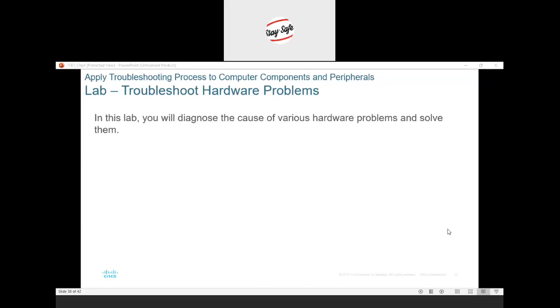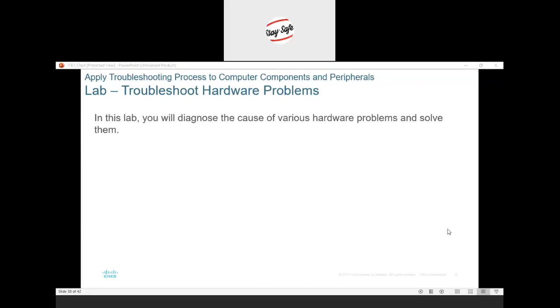First, identify the problem. Establish a theory of probable cause. What we mean by theory is that if I identify a problem, I need to know the theory behind that problem. I need to know what causes that problem. I need to get to the root cause of that problem. And how do I do that? By gathering the knowledge associated with that problem.